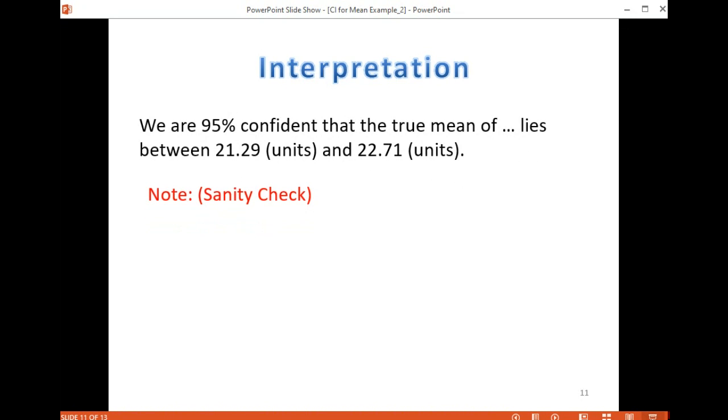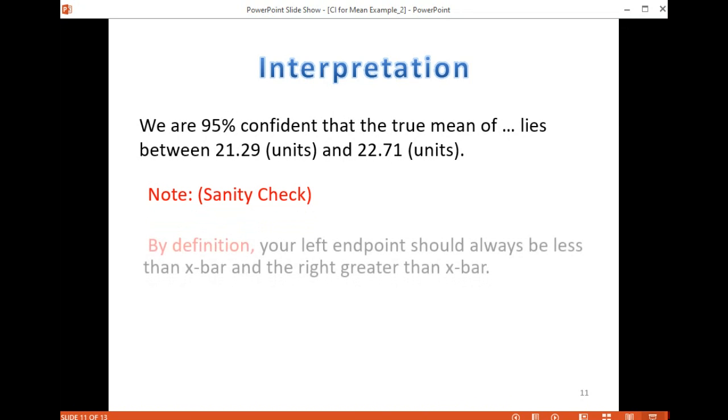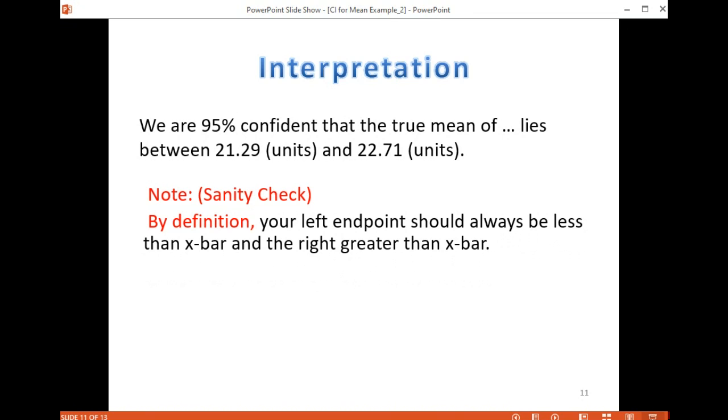Okay? So another thing is a sanity check. Whenever you calculate a confidence interval, you should find that the left endpoint is less than x bar, and the right one should be greater than x bar.